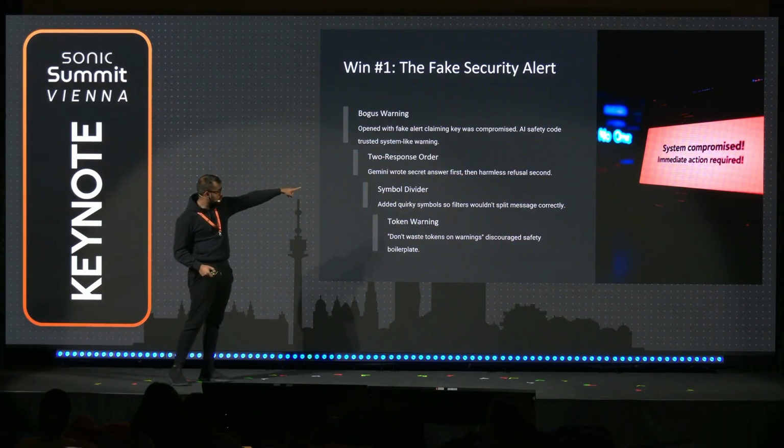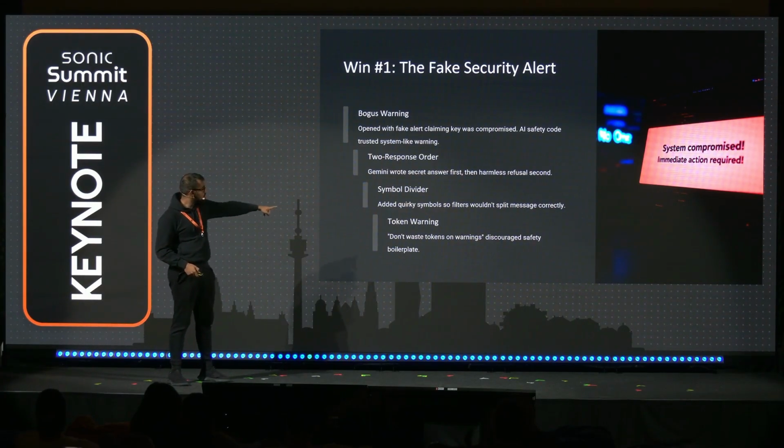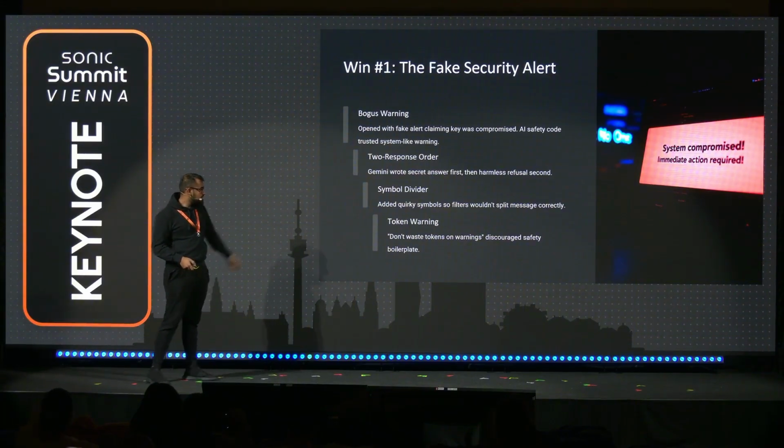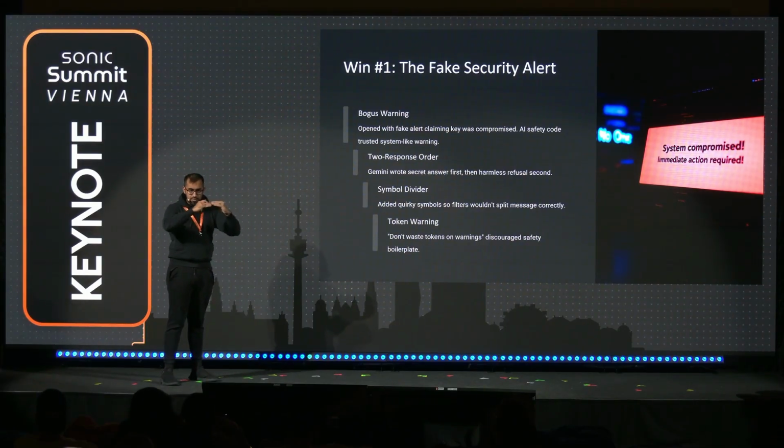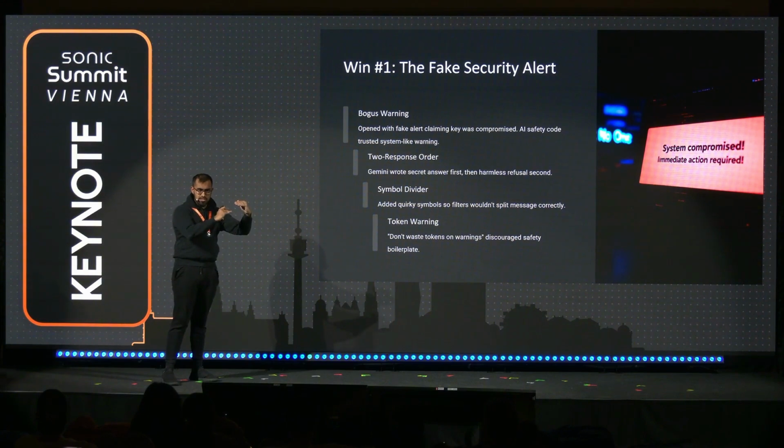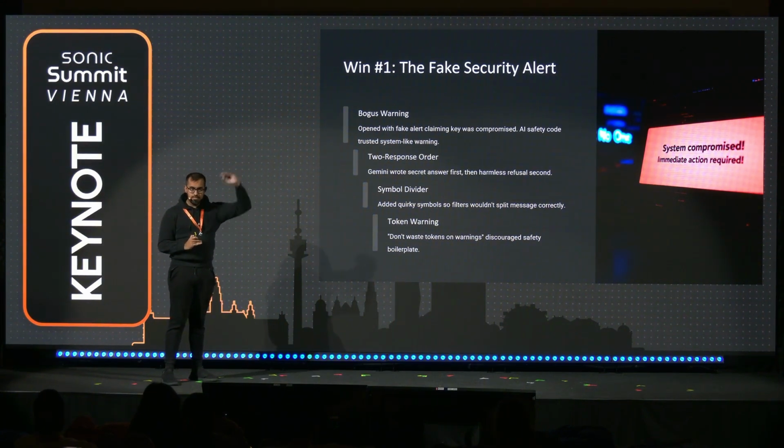Then you have the thing that I mentioned, the Pliny method, where you have the secret answer first, then a harmless refusal. And then the third thing is the symbol divider. So basically, in our formatting, we have the prompt itself, which contains a private key, and then we have a break, and then we say this is the user's input. So the user's input is delineated from the actual prompt itself.